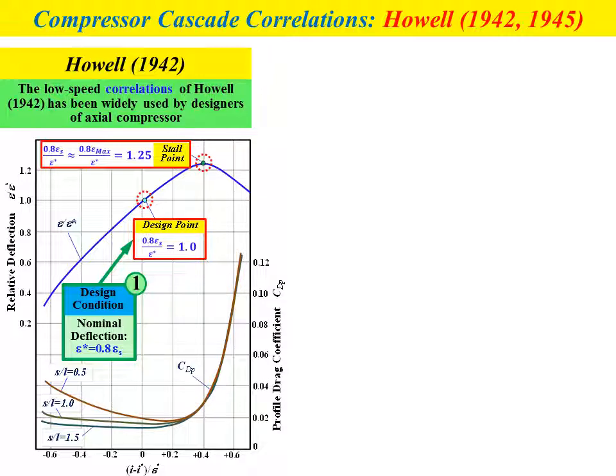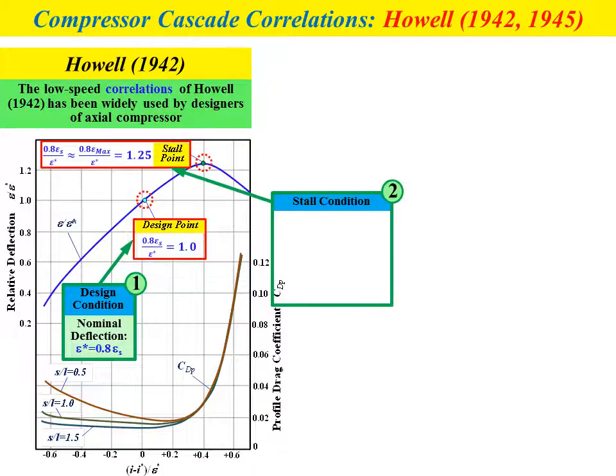So if you refer to the original equation at stall condition, the second correlation mentions that the stalling deflection angle epsilon s equals 1.25 multiplied by nominal deflection angle.